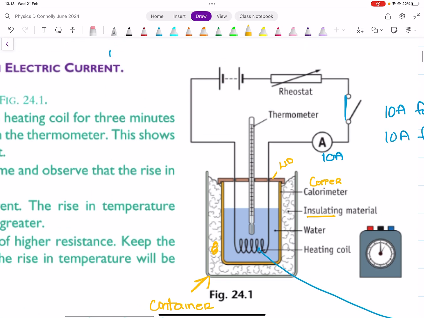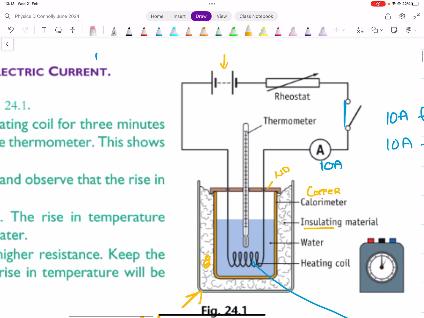To get the heating coil to work, we need a potential difference or a voltage, and that is provided by the battery.